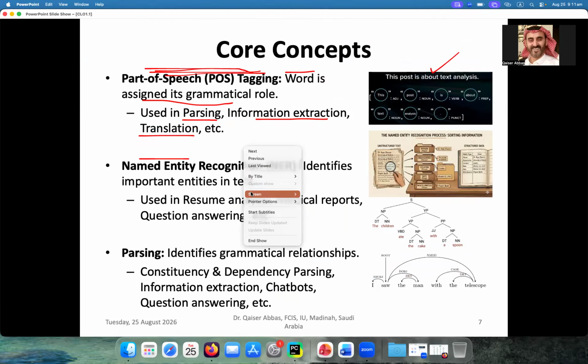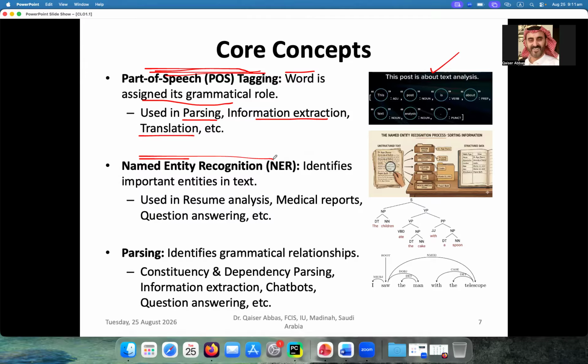Now, next, named entity recognition. Named entity recognition is not machine learning, okay? Even people are using it in machine learning. People in machine learning and even deep learning now cannot identify what is machine learning, what is deep learning, what is NLP.